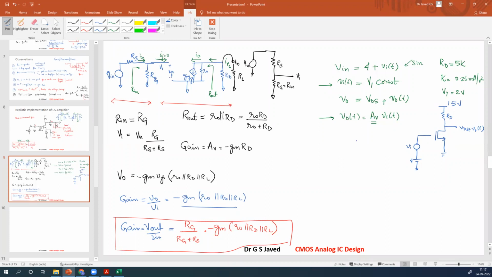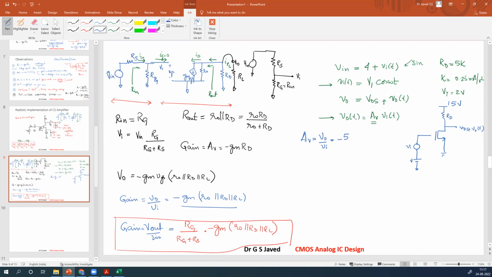Now let us find out what is the voltage gain. AV is equal to V out by V in. Small signal AV. What is that value? Value is -5. How did we get -5?